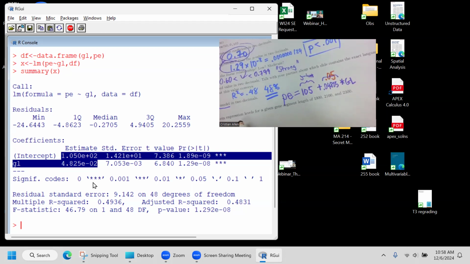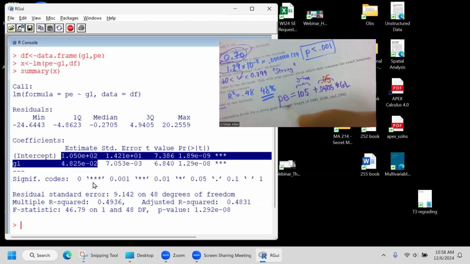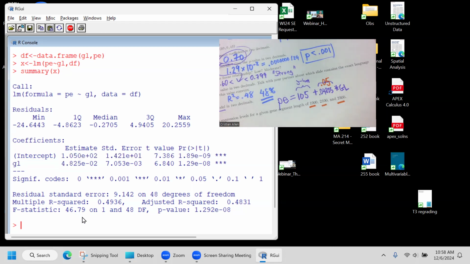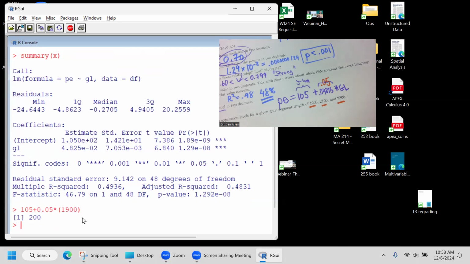Okay, and now we can predict, as number 6 asks us to do. It says predict the protein expression levels for these specific gene lengths. It's like, okay, we can do that now. We say 105 plus, and I'll just use the 0.05, even though it's a little bit lacking in accuracy. Okay, gene length of 1900. Oh, we would get a protein expression level of 200.